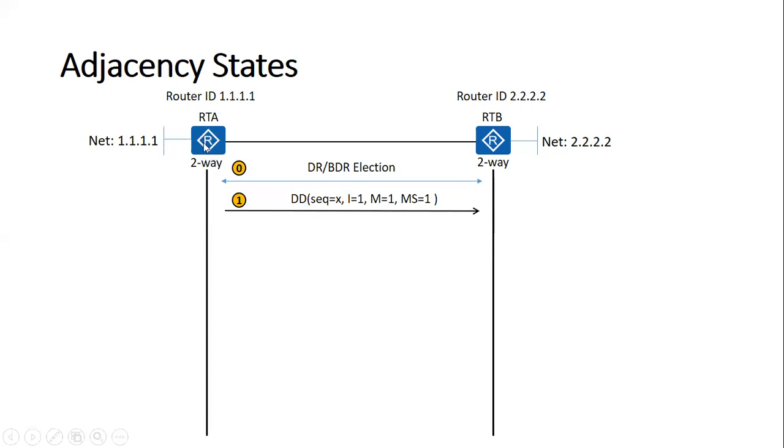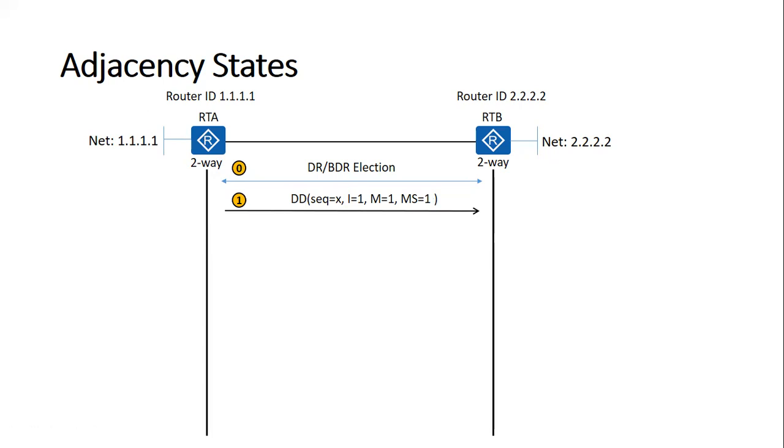For example, this router already has a network 1.1.1, so we expect the database description to contain a description of that LSA, not the complete information about that LSA. We used the example of a movie trailer. But in the Exstart state, we do not have any LSA description.